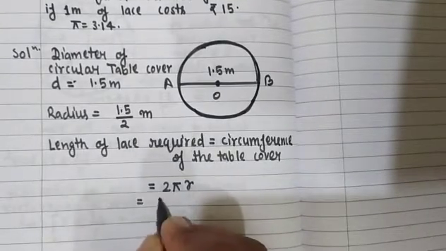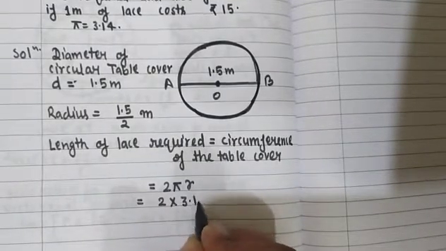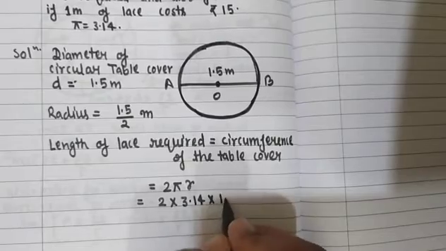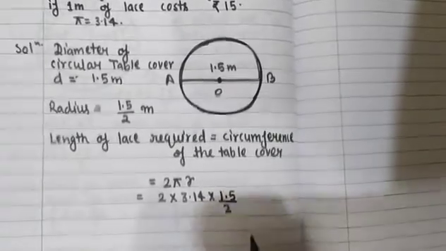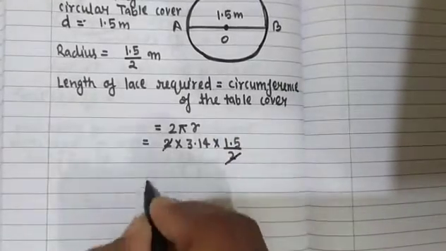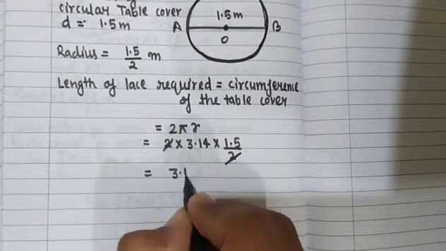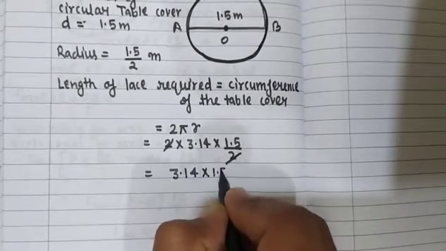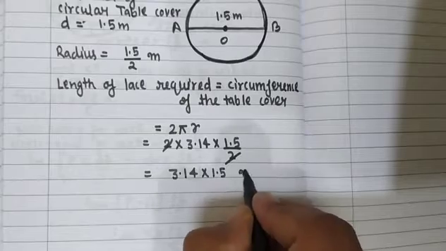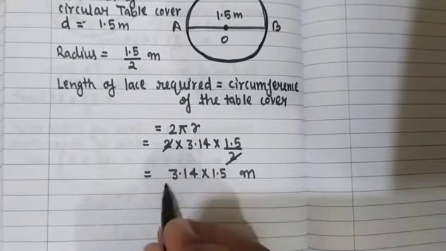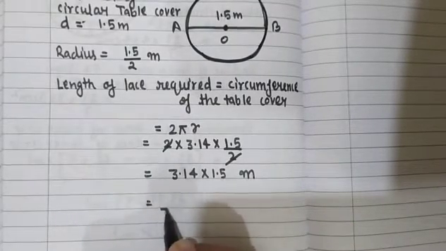So it will be 2 into 3.14 into 1.5 divided by 2. Now 2 will cancel out, then here it will be 3.14 multiplied by 1.5 and this will be meter. Now you have to multiply this one and write down your answer here.